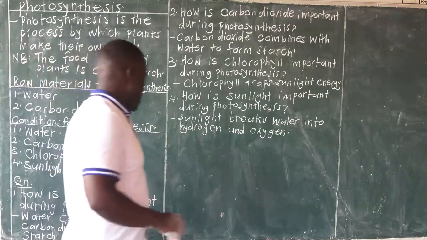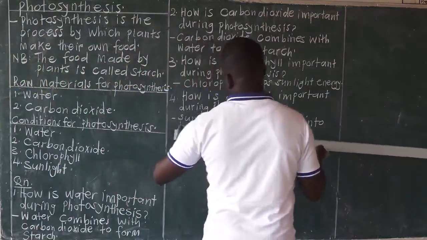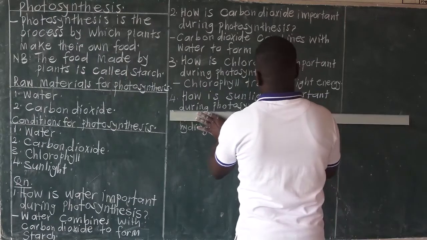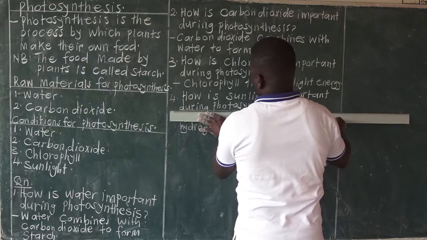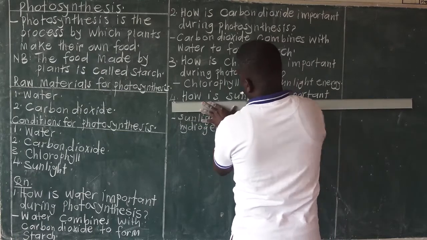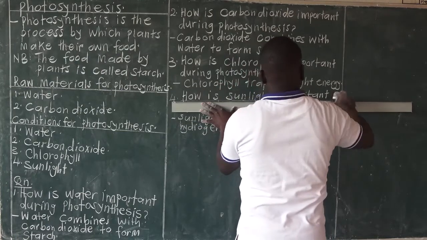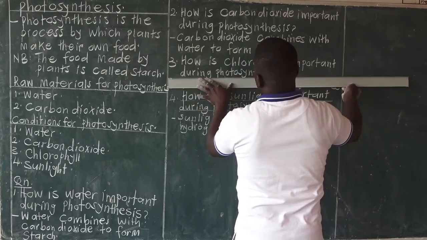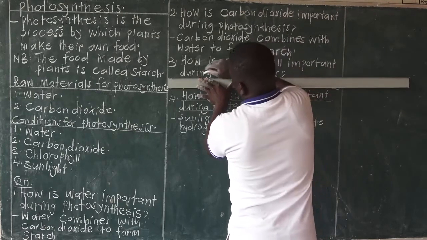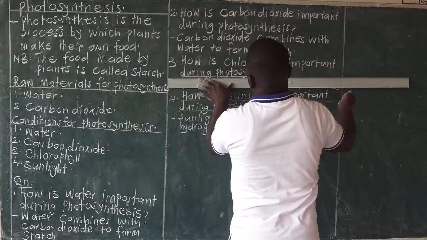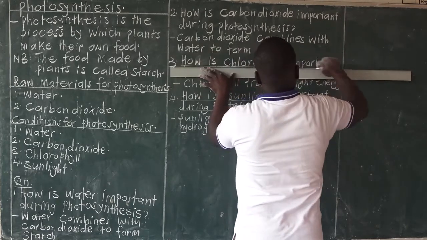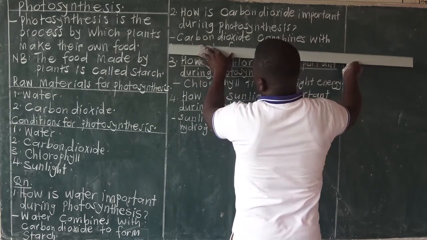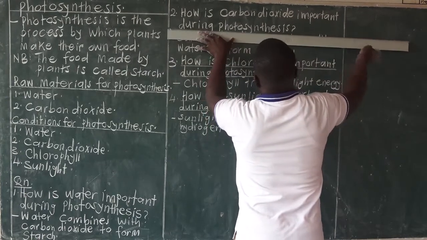So this is how sunlight is important during photosynthesis. We said sunlight breaks water into hydrogen and oxygen. They ask you, how is chlorophyll important during photosynthesis? Chlorophyll traps sunlight energy.